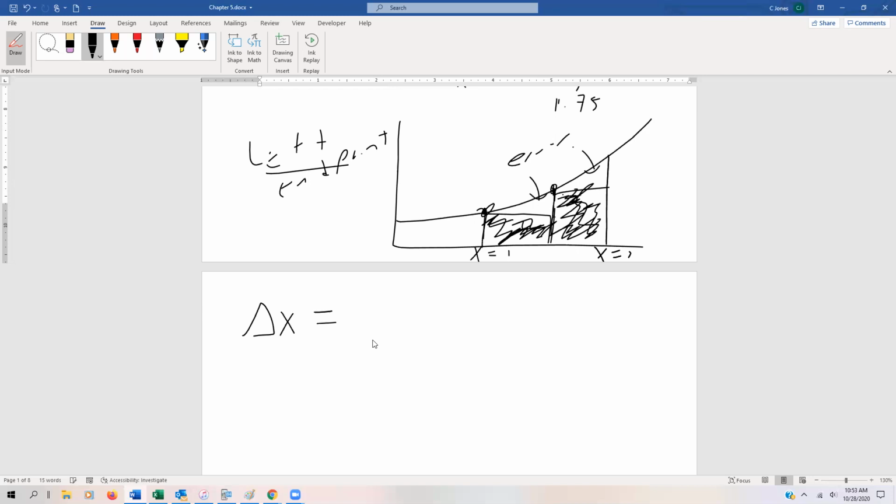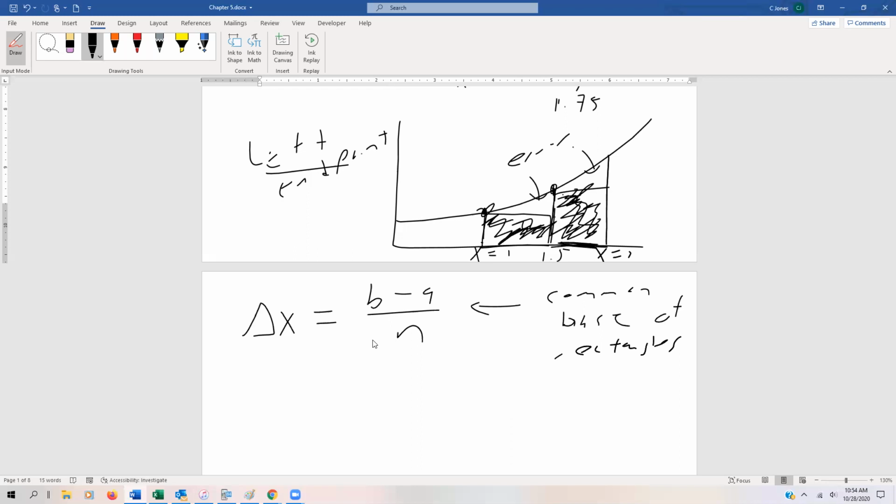Now, delta x is equal to b minus a divided by n. And that's really going to be the base of each of the rectangles. So this is a common base of the rectangles. Notice right here, the base from here to here is 0.5, and from here to here is also 0.5.